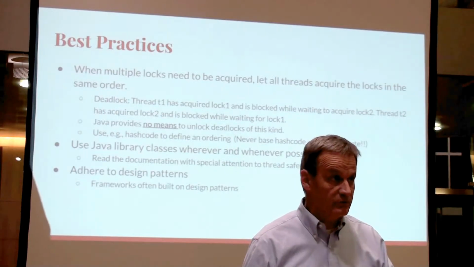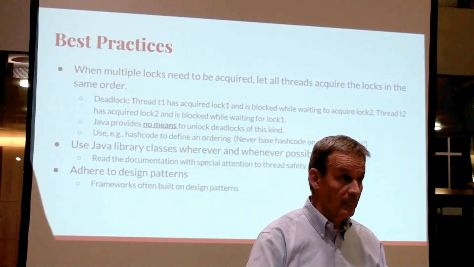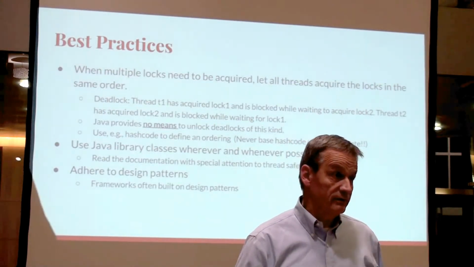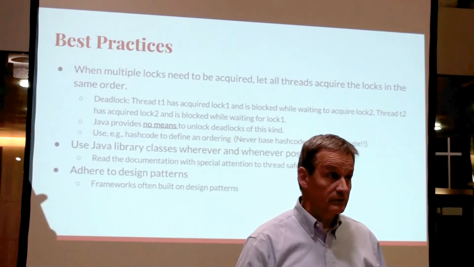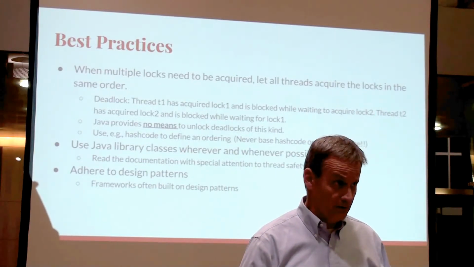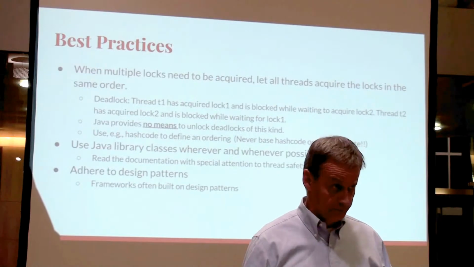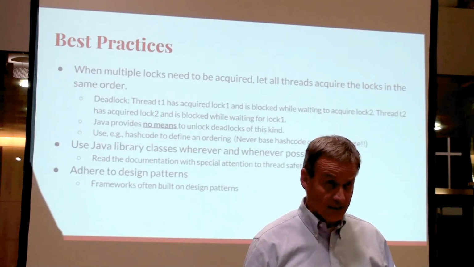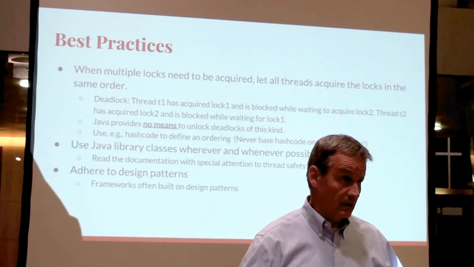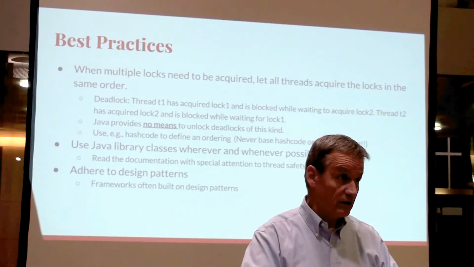Now if another thread is doing the transfer in the other direction, one thread might acquire the lock of the first account, the other thread acquires the lock of the second account, and both are waiting for the other lock.